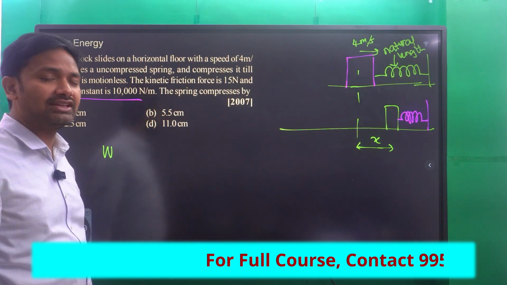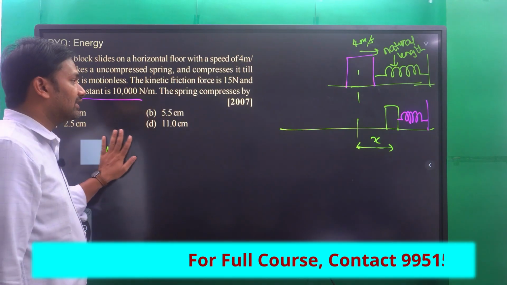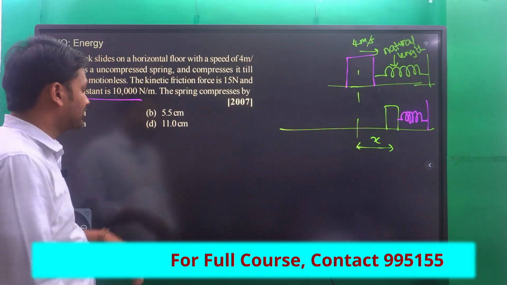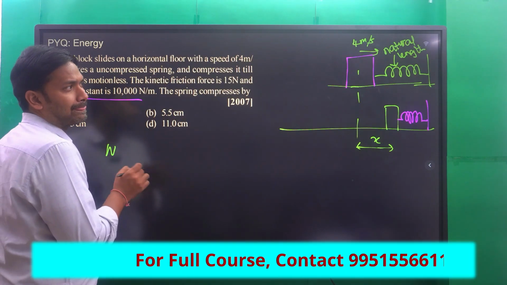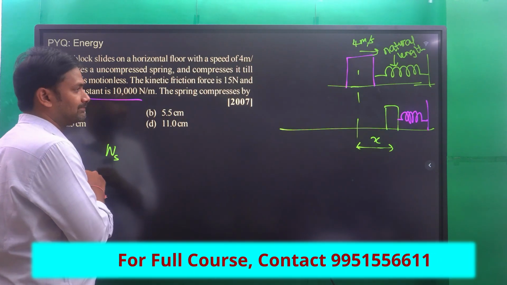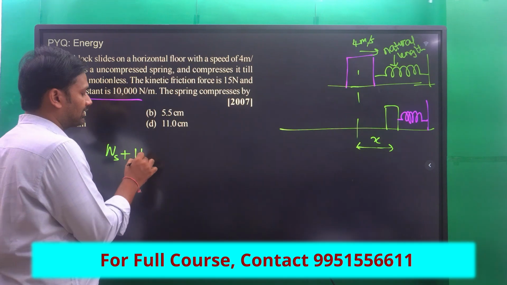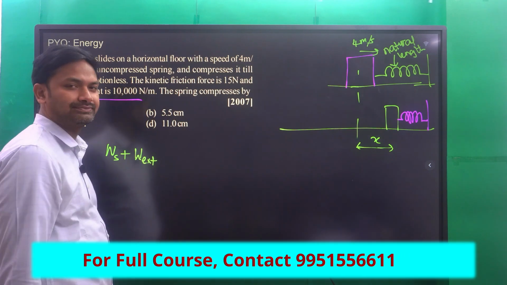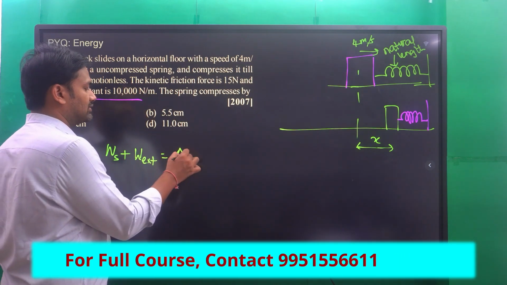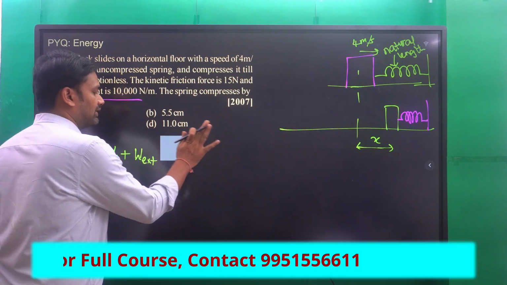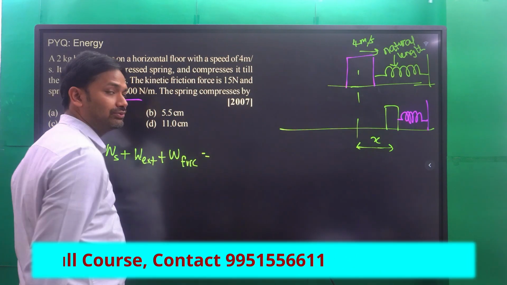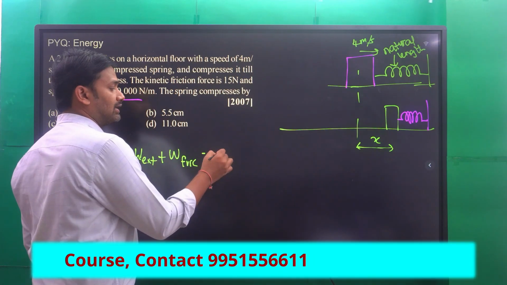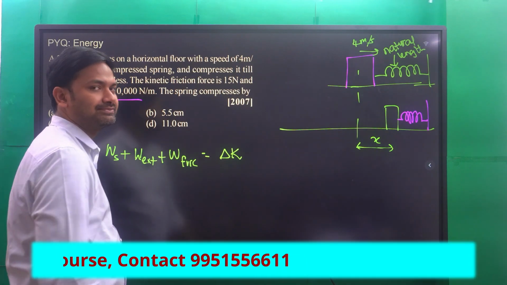in this case we can clearly say that the work done on the spring, plus work done by the external force, plus work done by the friction also we have to consider here, is equal to the change in the kinetic energy.